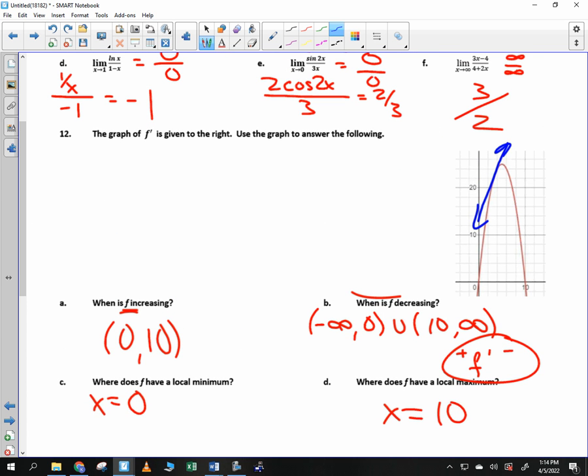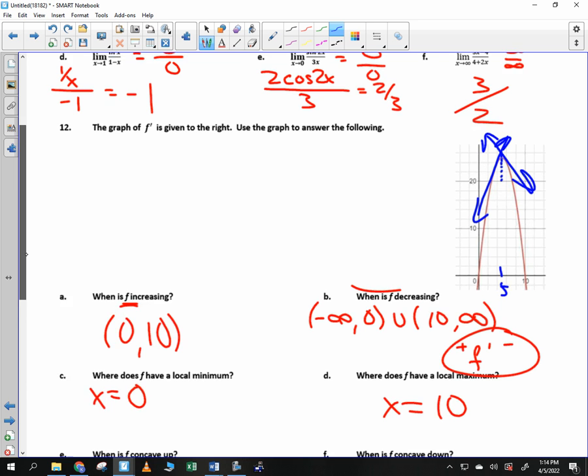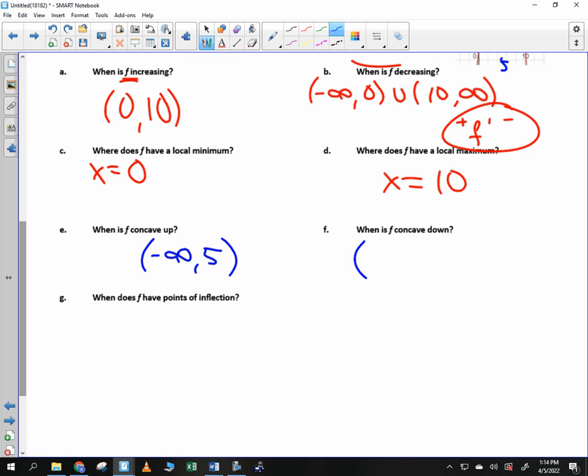Well, if you look, it's going to change right here at 5, when it changes from positive to then it's going to slope to negative. So we're going to be concave down from 5 to infinity. When does inflection occur? When f double prime changes sign, right? When it changes from positive to negative or negative to positive.